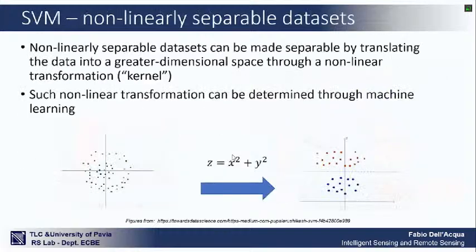So when you have a situation where a line, like in this case, cannot separate the samples of one class from the samples of the other class, what you can do is reproject the data into a different space where the two data sets become separable.